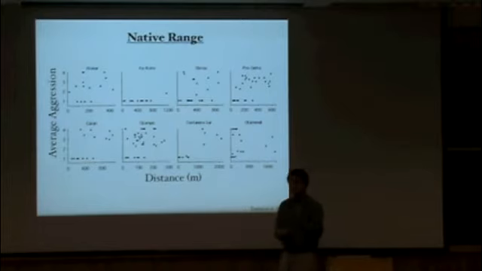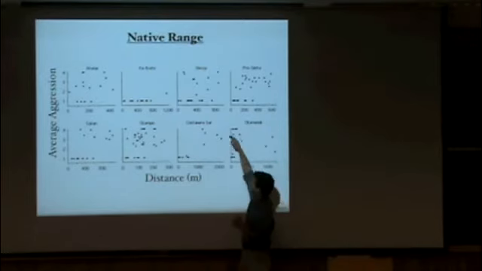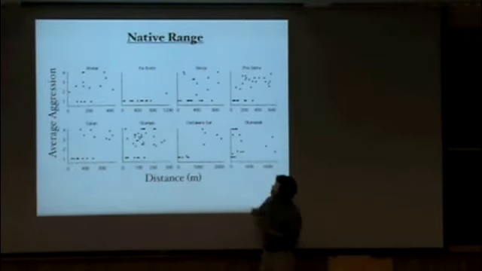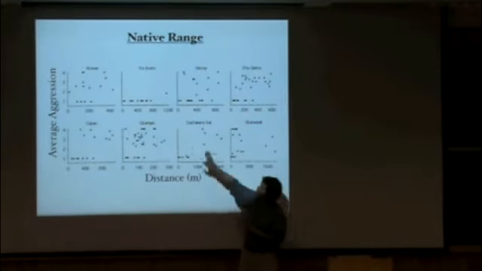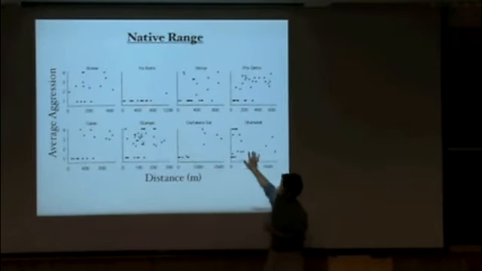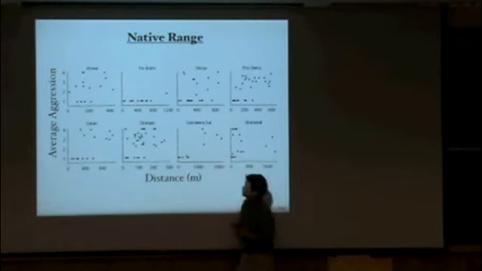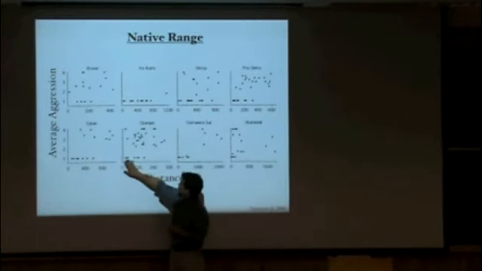They have a behavior that's much more similar to this multicolonial colony structure that's typical for the native ants we have here in California. And so that's shown here. This is the same format as the previous slide I showed you. On the x-axis, again, we have distance in meters. On the y-axis, we have aggression score at 8 sites in the native range of Argentine ants. And again, with one exception up there, all of these sites look like they're multicolonial, right? So for example, here at Ocampo, we picked up Argentine ants.